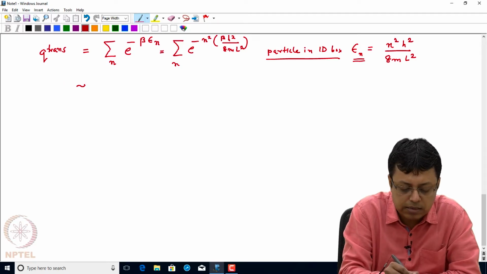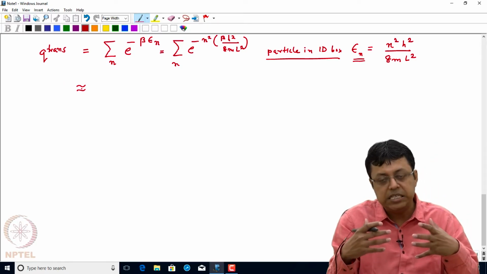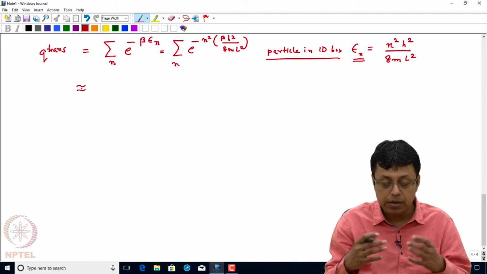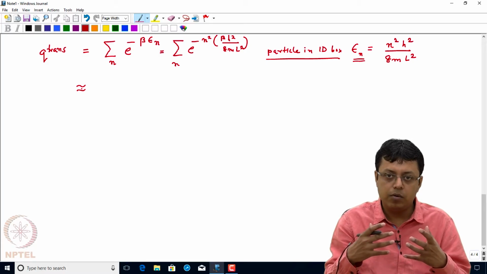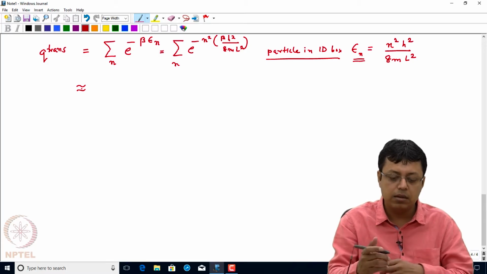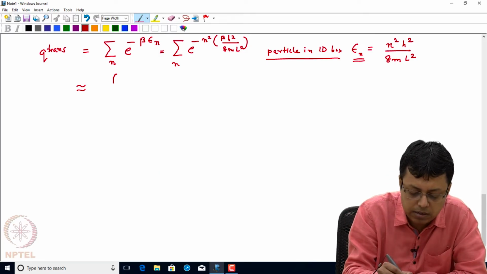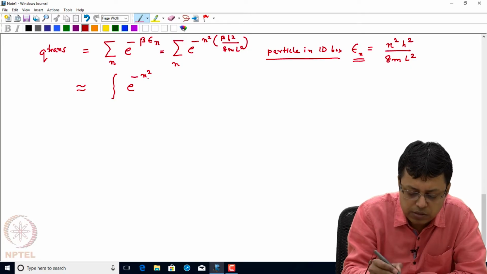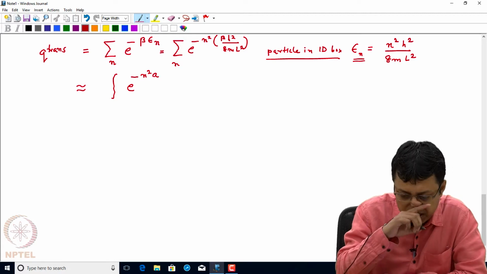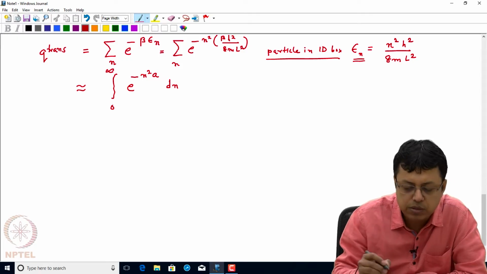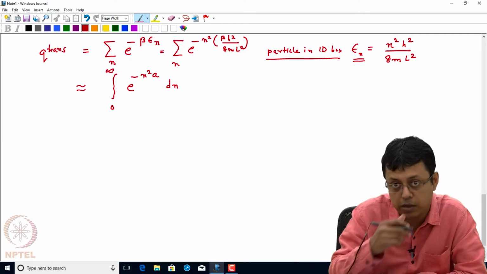Now, as I said, compared with beta or 1 over kBT, at room temperature the energy levels are far more closely packed, so then I can think that instead of the sum I can actually integrate this quantity, and then I will have e to the power minus n squared into some constant. Let me just write this constant as a, and then I'm integrating it, and the variable is now n, where the energy levels are going from 0 to infinity.